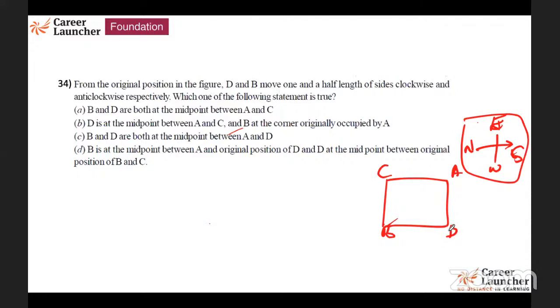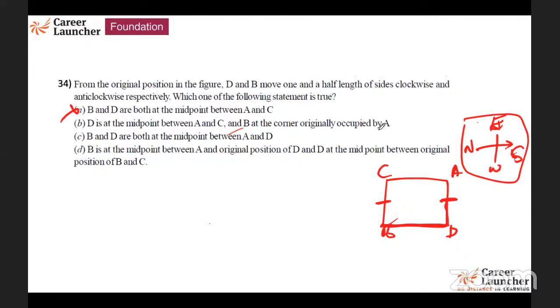D moves clockwise. D moves 1.5. So D is here now. And B moves anti-clockwise. Now B is here now. B and D are both at the midpoint between A and C. No, they are not. A cannot be the answer.